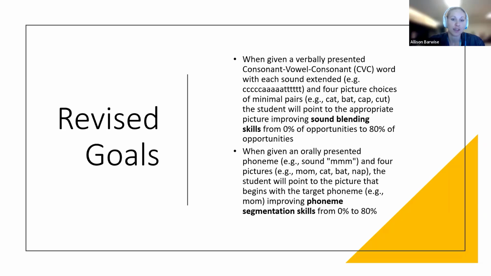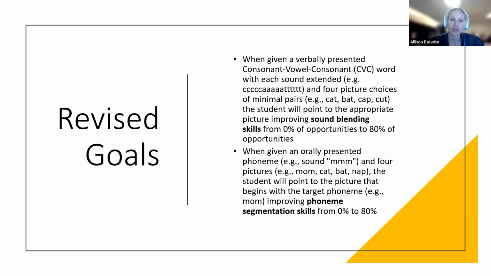And they could be similar, like the N and the M we have here in this example, and have them point to the picture of the sound that they hear. Or you produce the sound and they have to point to the picture that starts with that sound. So these are what we worked on with him.